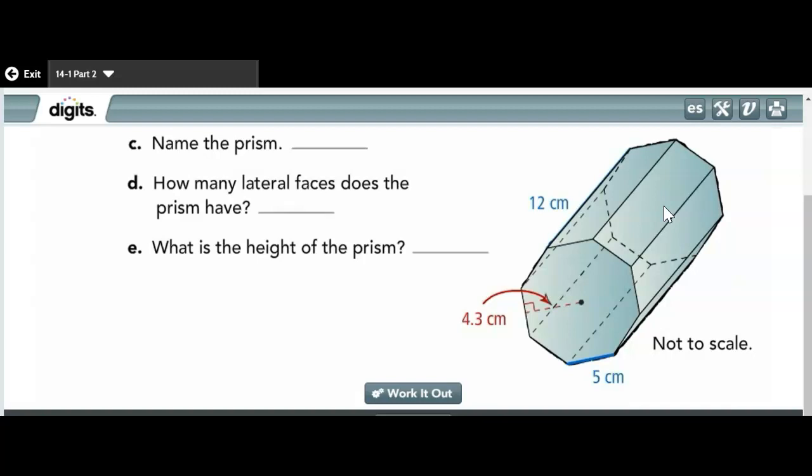What shape does the base of the prism have? The base is an 8-sided shape, so it is an octagon.